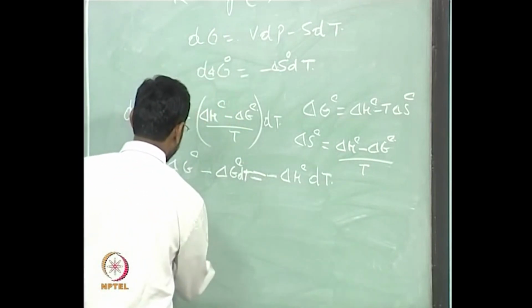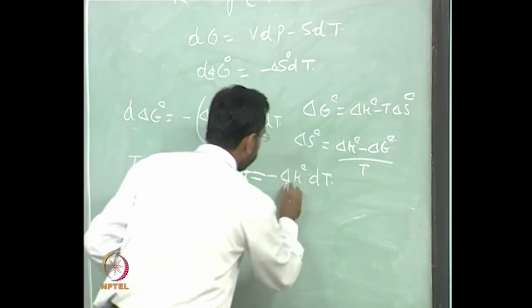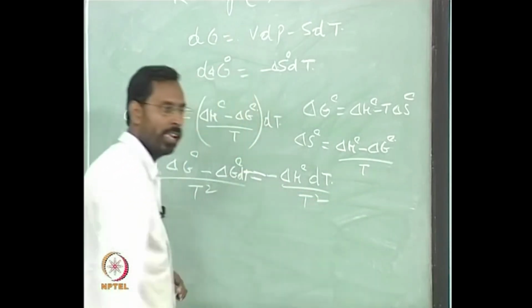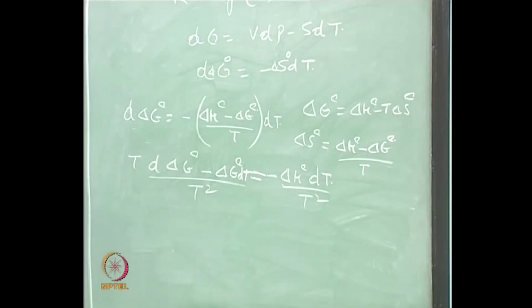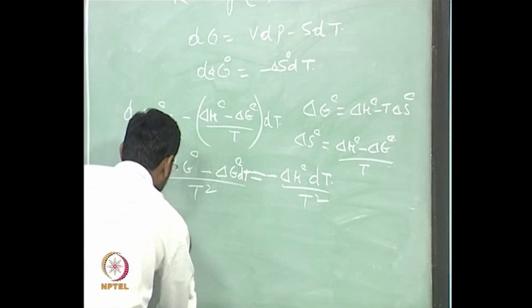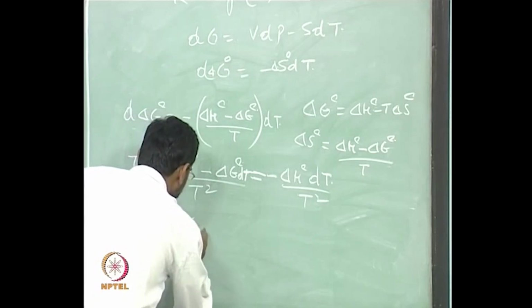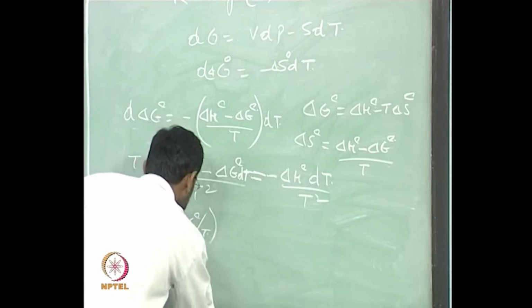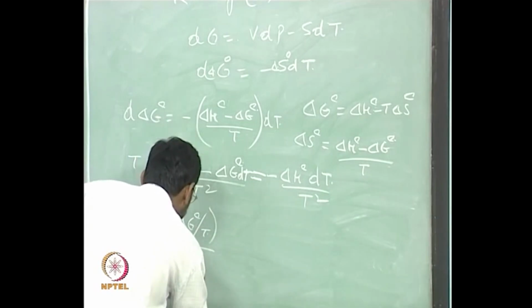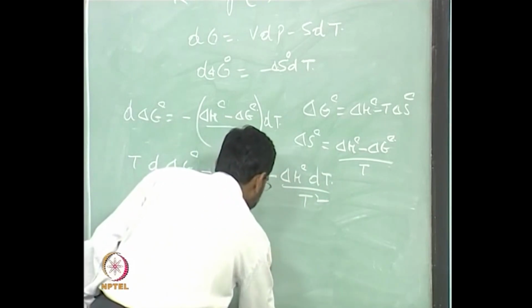So, if you divide with the T square on both the sides, you will be able to see this whole thing as dou of delta G naught by T of dou of 1 by T is equal to actually delta H naught.